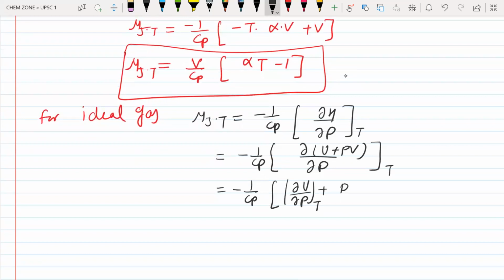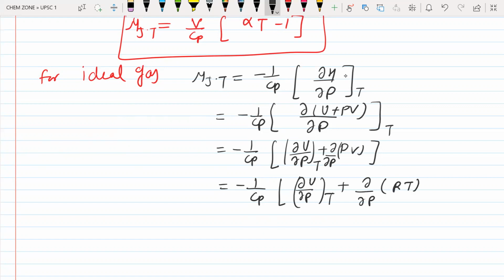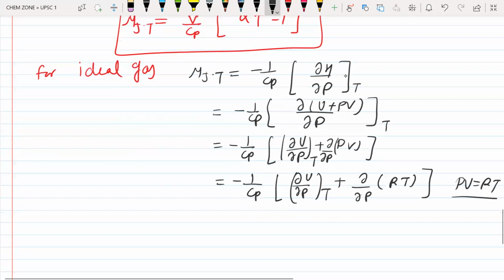Now, del by del P of PV. These are the simple mathematical steps. In place of PV, we can put RT for ideal gas as temperature remains constant.